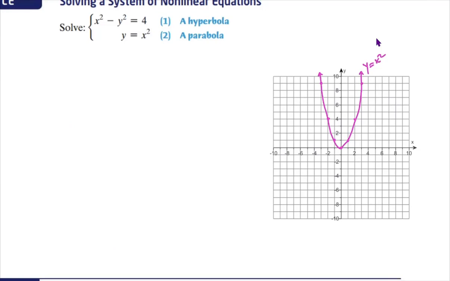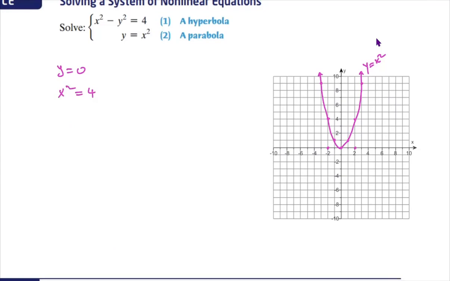And for this one here, you're going to have a graph that passes through 2, -2, because I can just try to find some values. Say if y equals 0, then I'm going to have x squared equals 4, right?